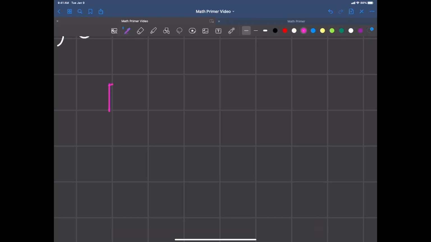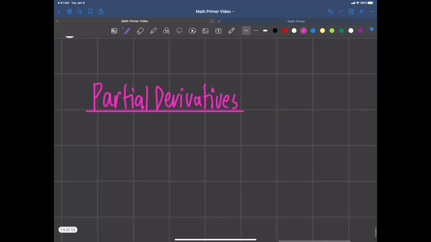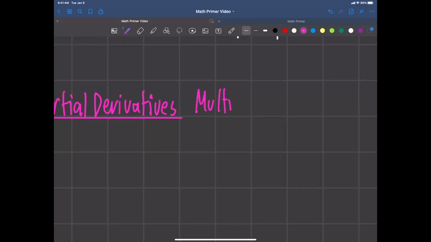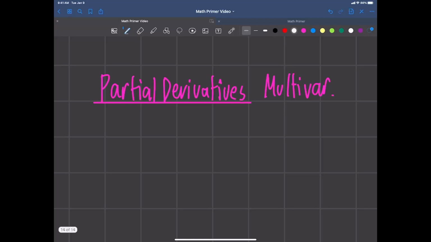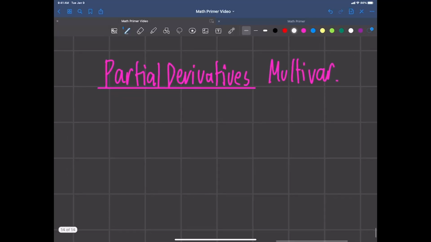Now let's talk about partial derivatives. Which is actually technically multivariable calculus. So partial derivatives are the derivative of a function of several variables.